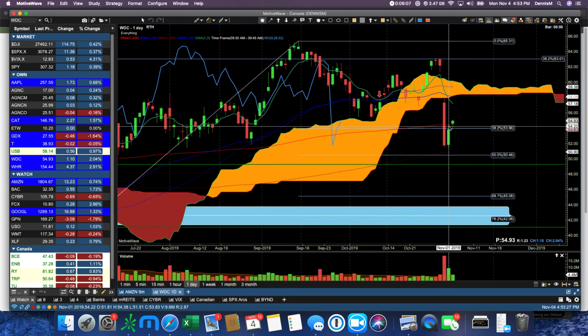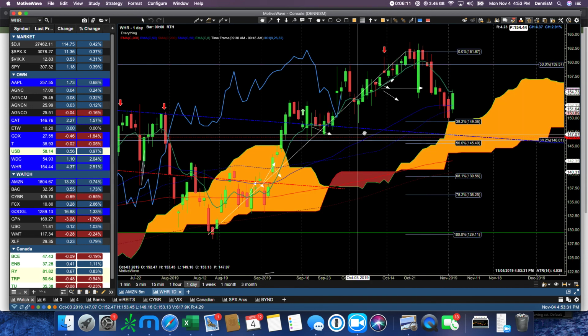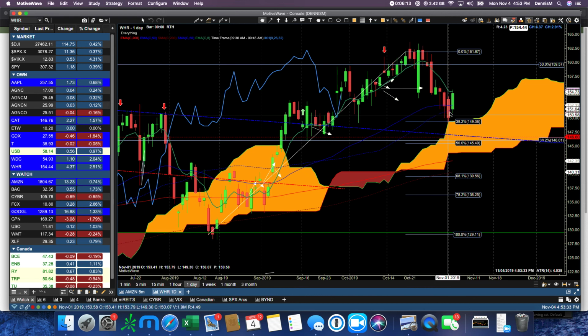WDC up $1.10, up over the 200. Whirlpool, beast of a stock, making a big rebound off of this pullback and a bounce right off of 38.2 on Friday and the cloud. So that would have been a signal to keep an eye out for a bounce and possible buy-in.